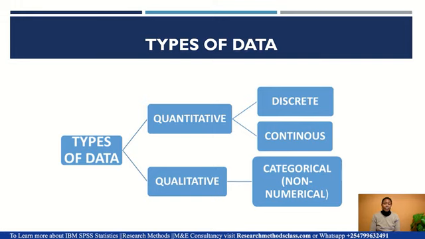We have the two major types, which are quantitative and qualitative, and then quantitative is again categorized into two. We have discrete quantitative data and continuous quantitative data, whereas qualitative, which is non-numerical, is also categorized as categorical.